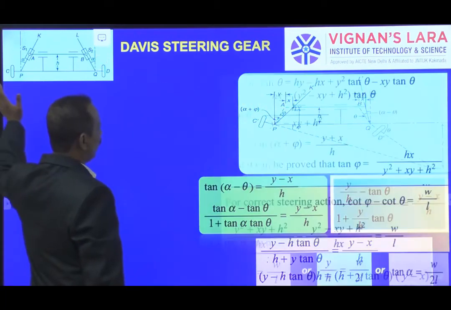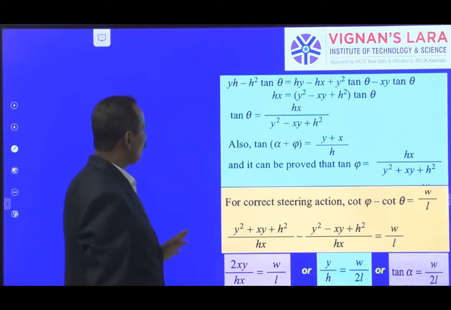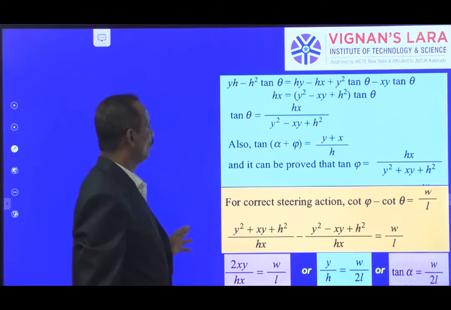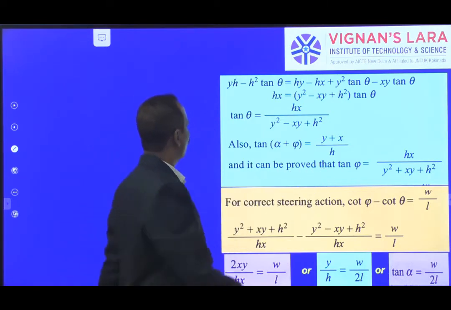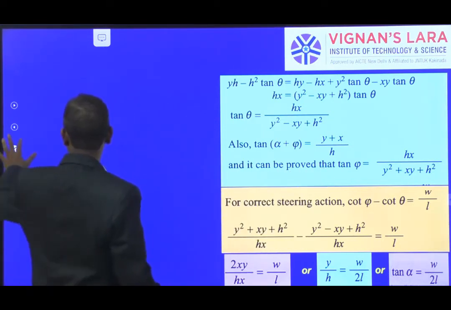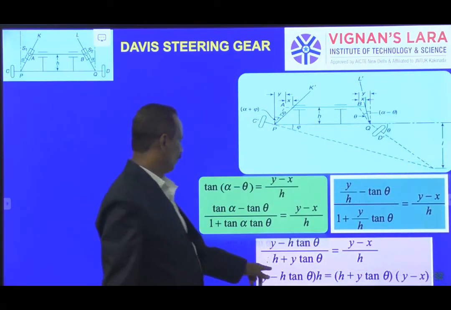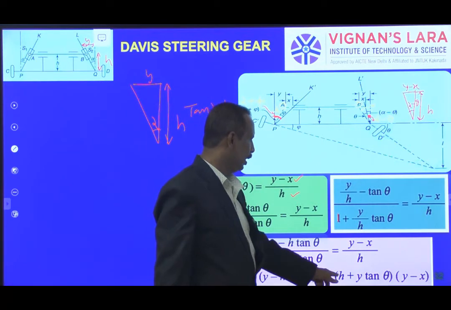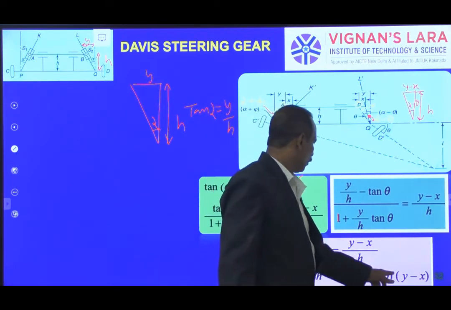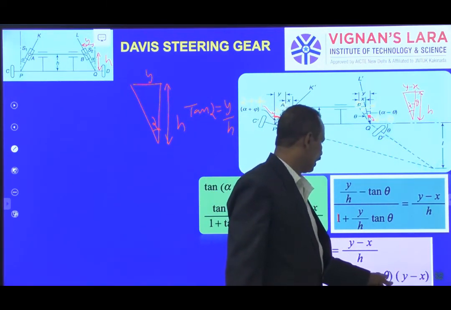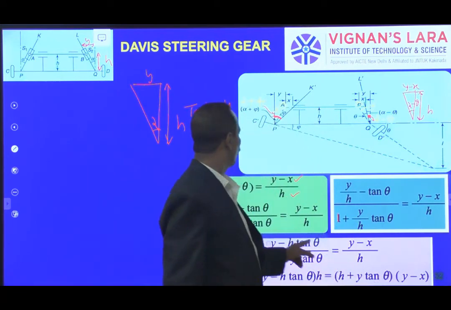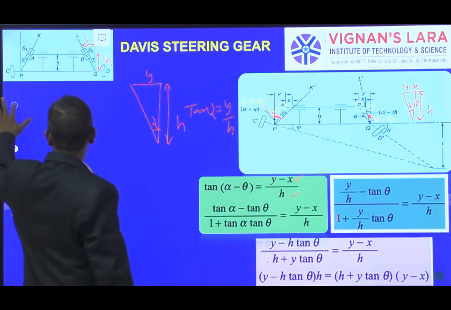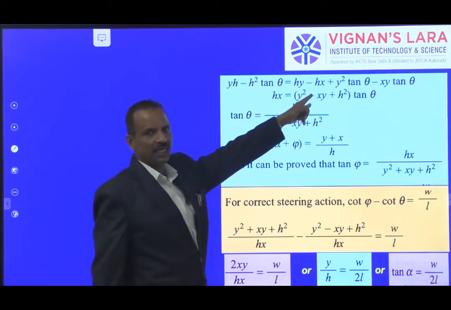In a similar way, I can write the other one, that is tan phi. Of course, further I have simplified the previous equation. This is yh minus h square tan theta, hy minus hx, y square tan theta, and yh, that is written here.